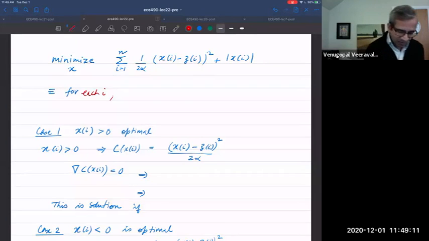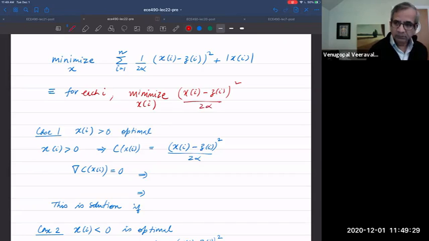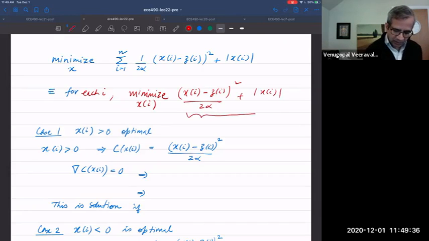So for each i, you want to solve the minimization problem. But this function that I want to minimize for each i, I'll call C of x.